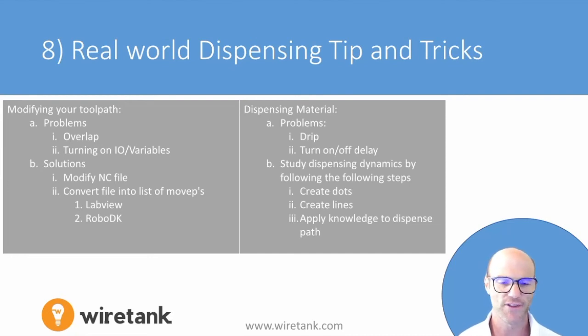So you turn on the dispenser and the material doesn't come out right away. And so how to study that and systematically find those parameters. You can change speed, the approach, how much you push. So we're going to look at all those details and see if we can systematically come up with a way to define those parameters.